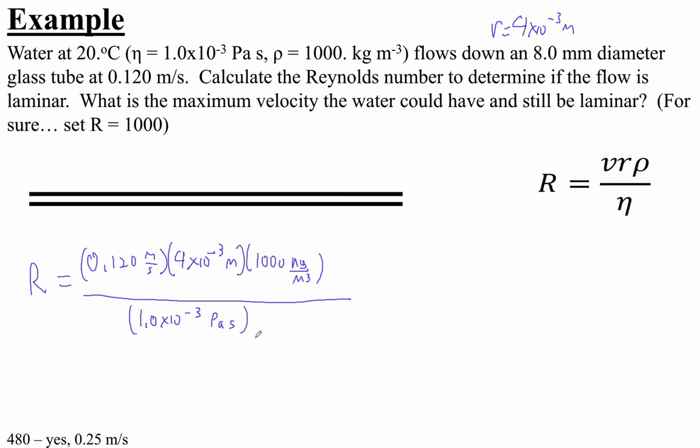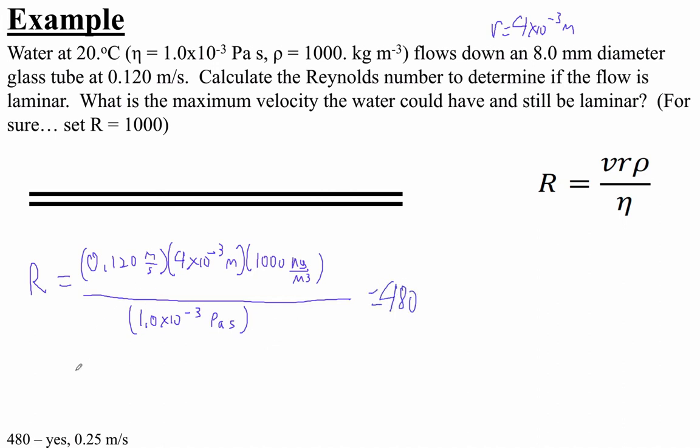All right, let's calculate this. This is like the easiest question on the test. 0.12 times 4e-3 times 1,000 divided by 1e-3. And I get 480.